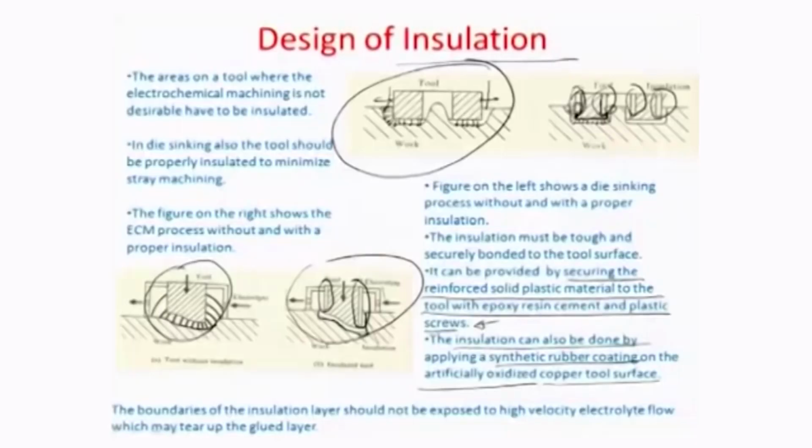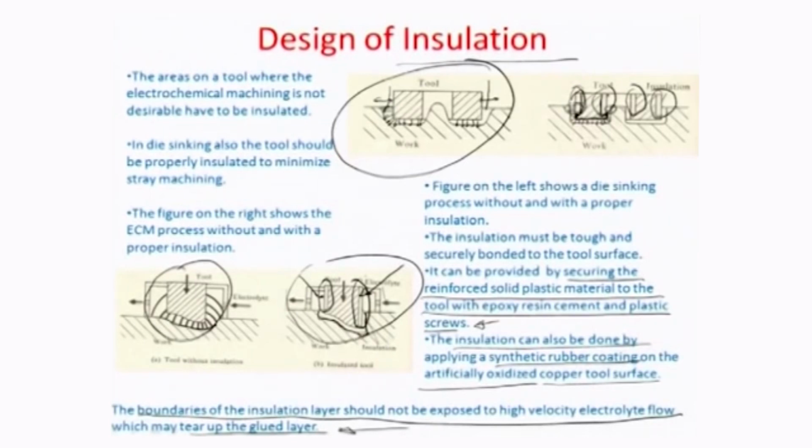And so, you have a very clearly demarcated insulated and non-insulated region on the tool surface. The boundaries of the insulation layer should not be exposed to high velocity of electrolyte flow, because sometimes they tear up the glued layers, as I already told you, and this automatically, by virtue of the fact that insulation is needed mostly towards the end.